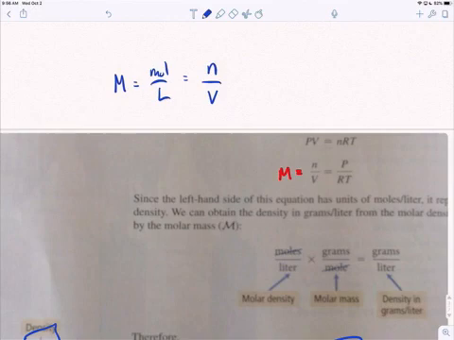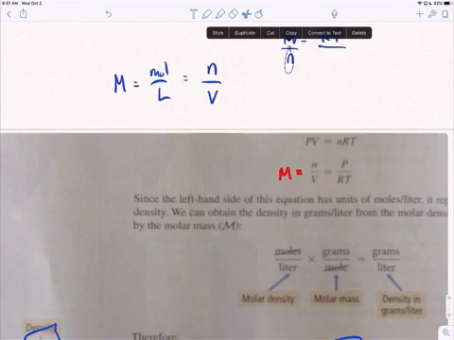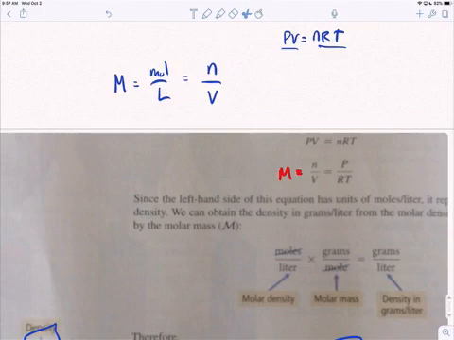And if you look at PV equals nRT, what is N over V? Wait, no, we got it backwards. We want to have N over V. We move the volume over here, and that means we have to have RT in the bottom.